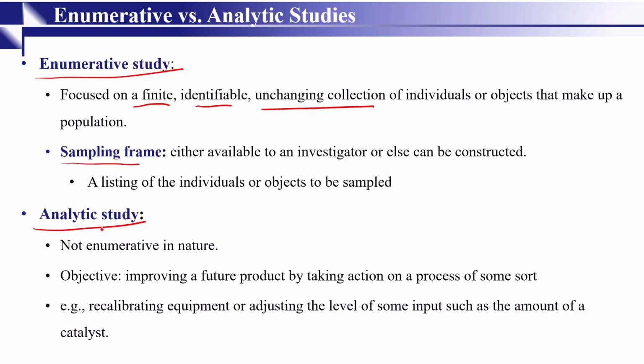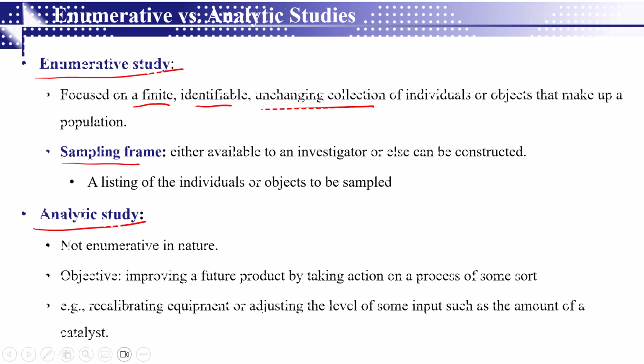Since the study focuses on potential improvement, it lacks a well-defined sampling frame. We don't have a sampling frame here, and its impact is often localized and shorter. An example of analytic study is the production industry, where new products are developed as enhancements to the existing ones.